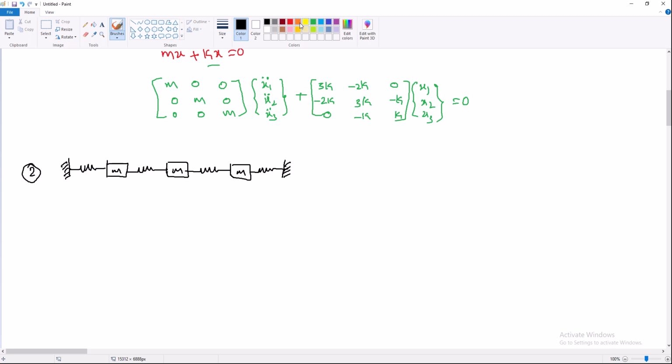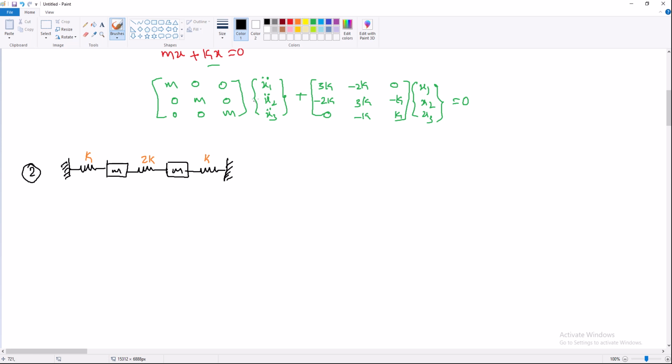The stiffness values given are k, this is 2k and this is k. A small change I would like to make is that the given data itself has only two masses. Now I will consider this end as a fixed end, right? This end as a fixed end.